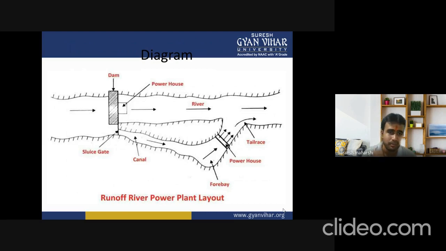First of all, the dam, which is used as the primary source to generate electricity in the hydroelectric power plant.